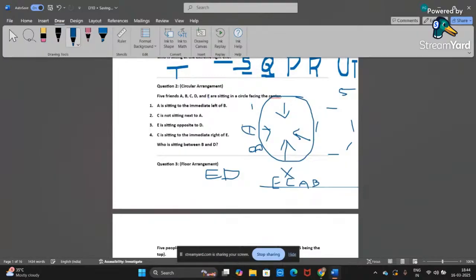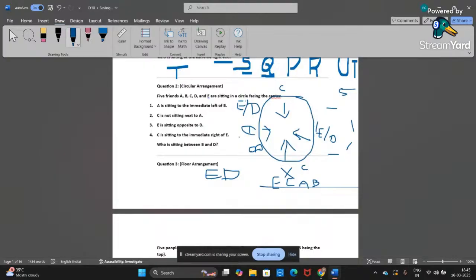C is not next to A, so it can be D or E. Here I will write both alphabets. Opposite to D, it is E or D, right? Next, which one is missing? C is sitting to the immediate right of E. It can be here or here, right?